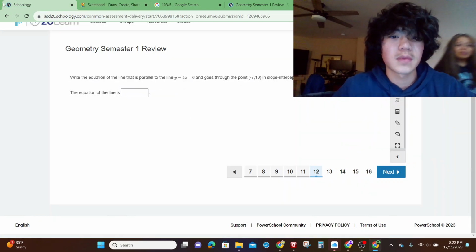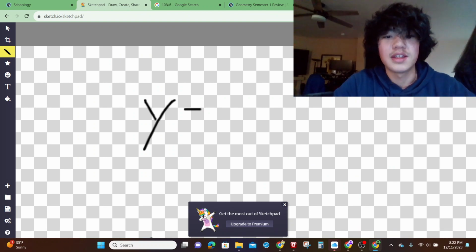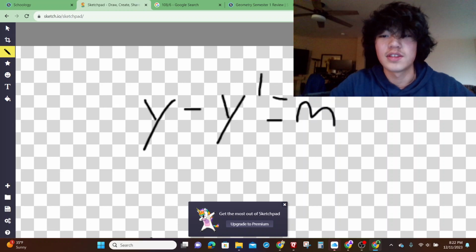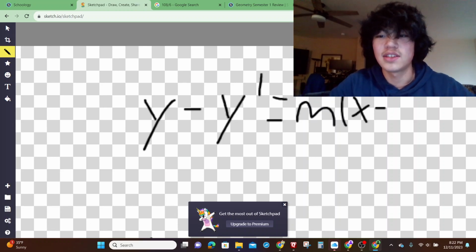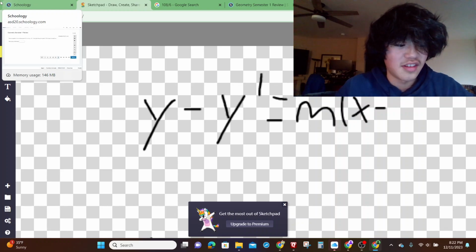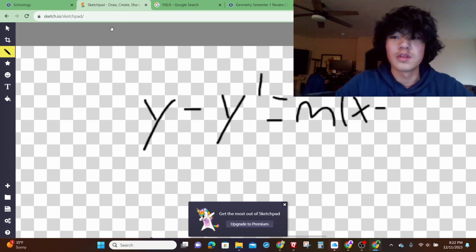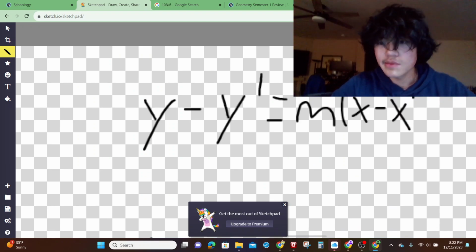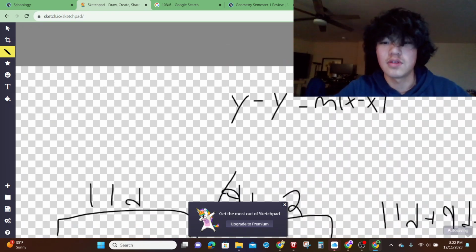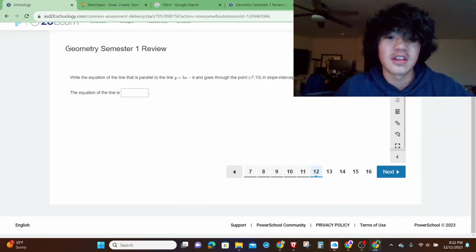Alrighty then, so our formula for this is y minus y1 equals our slope times x minus x1. Okay, so y minus, let's see what our y1 was, which is 10.